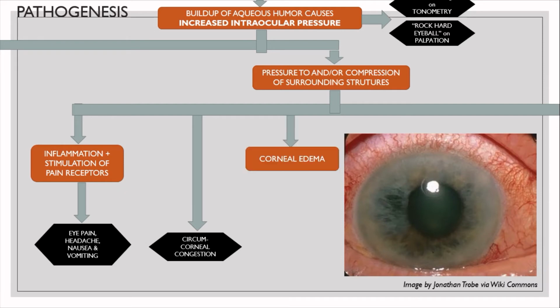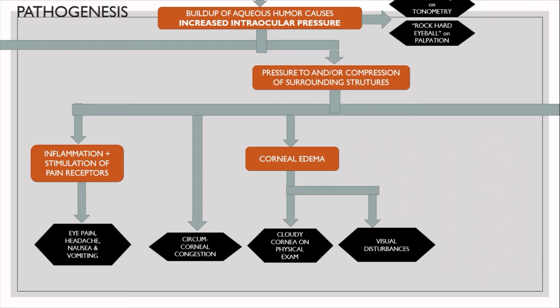And there will also be corneal edema. This is because of pressure to the cornea, which causes inflammation, but it's also partially because the avascular part of the cornea will no longer be supplied with nutrients by the aqueous humor, and so these two factors can contribute to corneal edema, which will lead to a cloudy cornea on physical exam, which you can also see here.